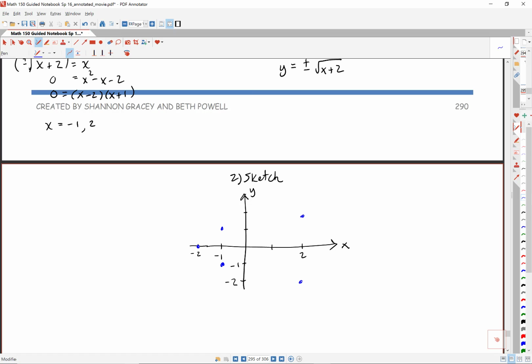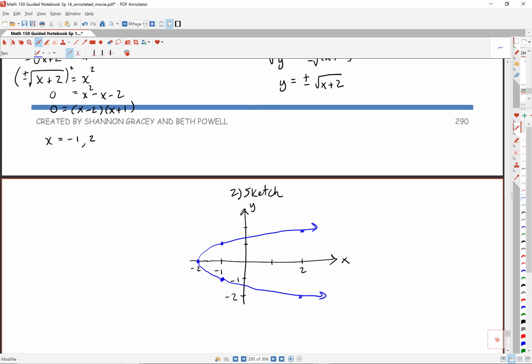So we end up with one of those sideways parabolas for this guy. It's a little squirmy. Let's see if I can get that better. Something like that. And then the graph of y equals x, of course, will just look like this.